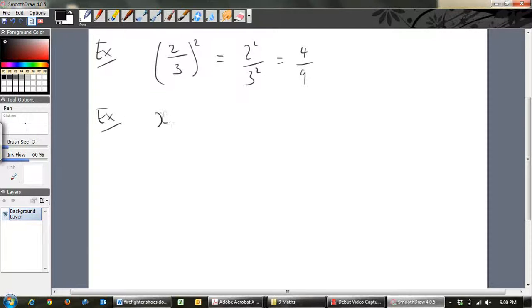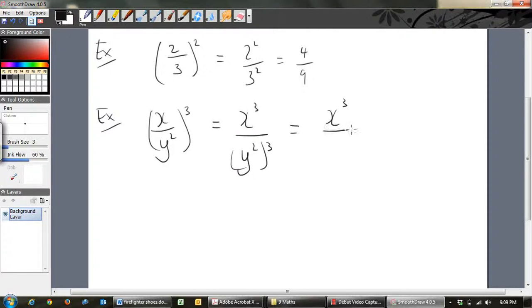Let's have x over y squared, all cubed. Let's see what happens here. It's the top bit cubed, so x cubed, over the bottom bit cubed, so y squared cubed. Let's clean that bottom up.